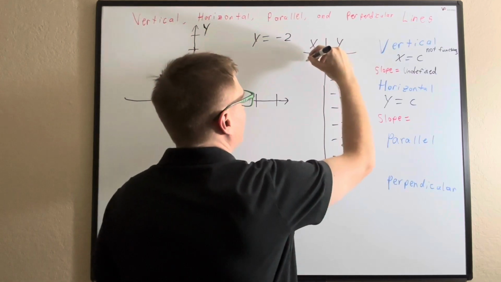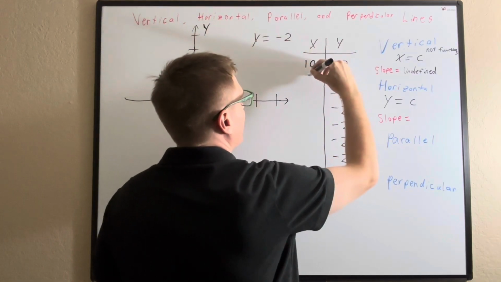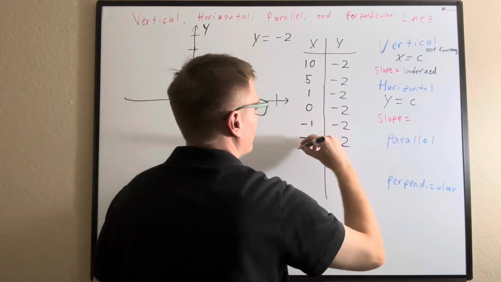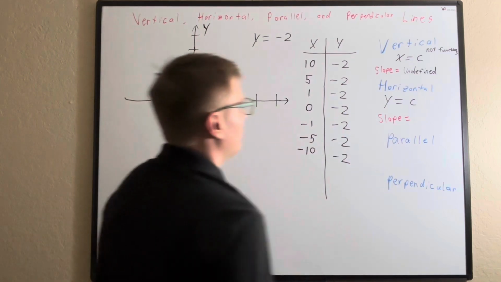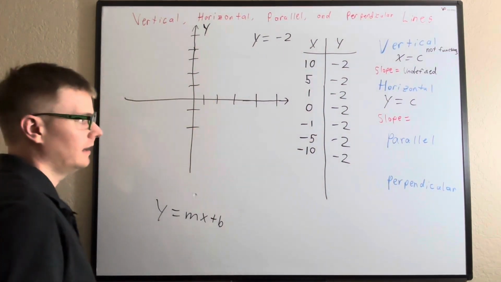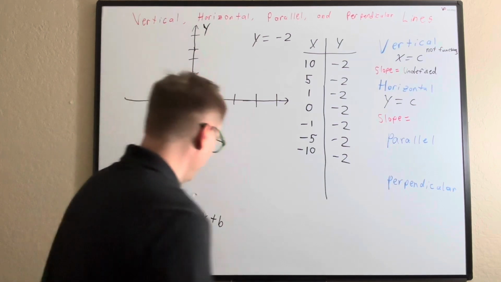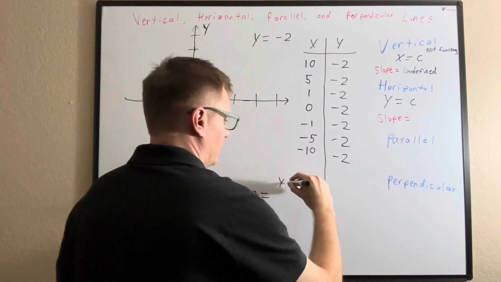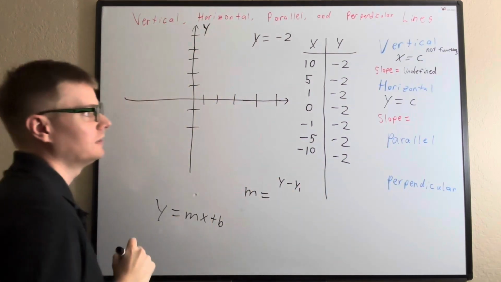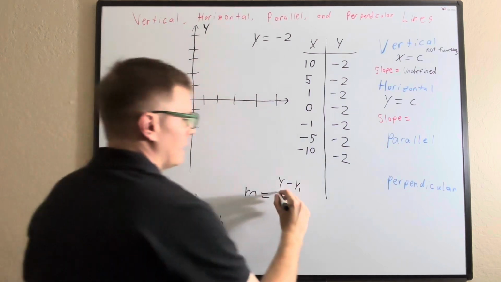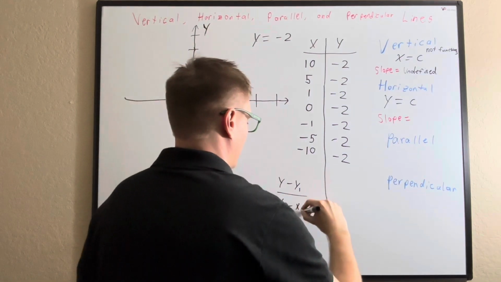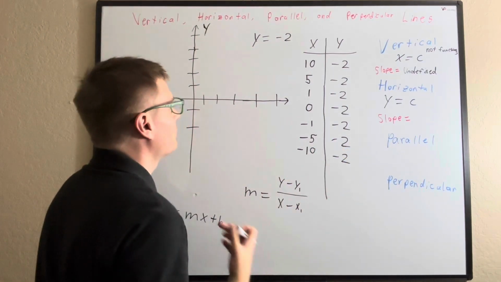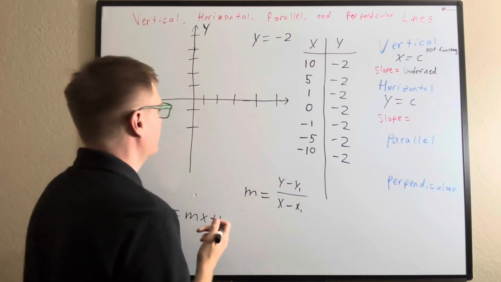So whatever we put in here for x, we always get -2 out, right? How could we explain that? Well, let's find the slope of this thing. Just like we did with the vertical lines, let's find the slope of this horizontal line and see if we can make sense of this somehow if we do that.